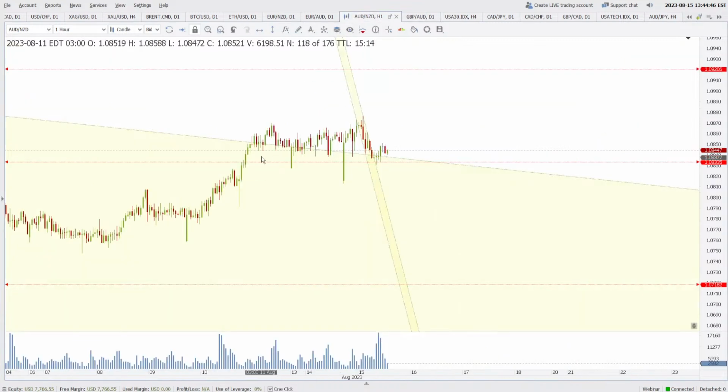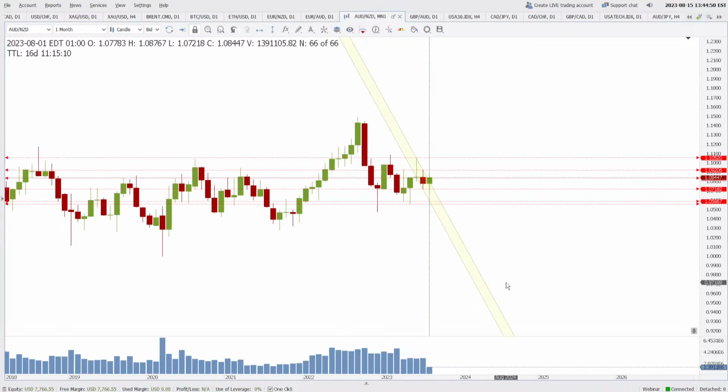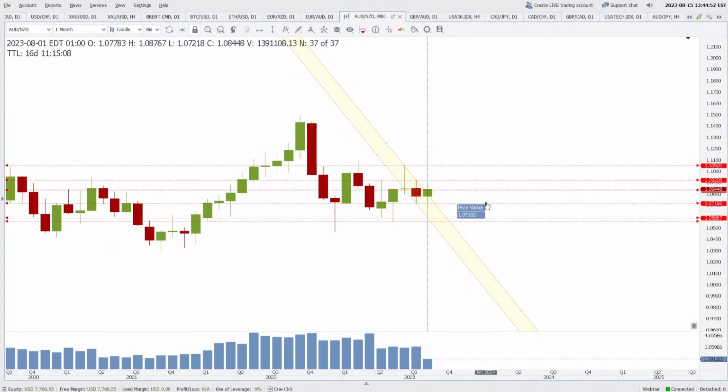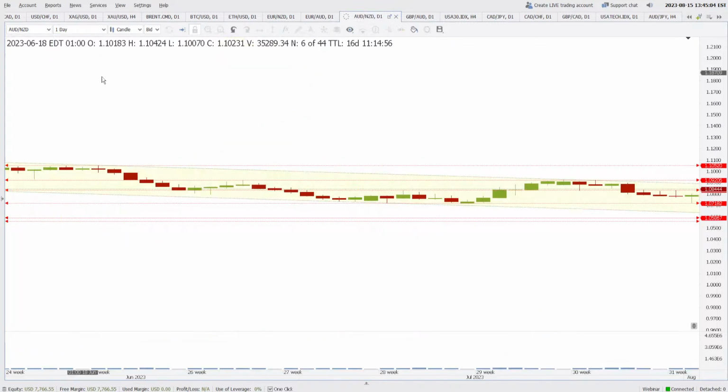So now look at the Australian dollar, Australian New Zealand. This is the monthly chart. From this monthly chart, you can come to know that yes, there is a consolidation. But before this consolidation, was there any particular trend? And one monthly candle is equal to 20 candles of daily.